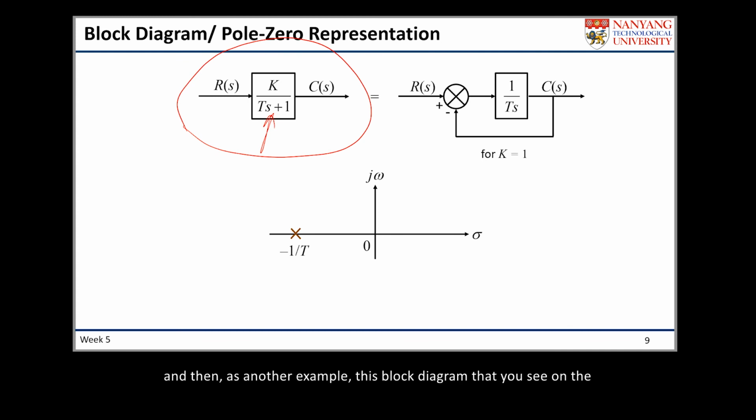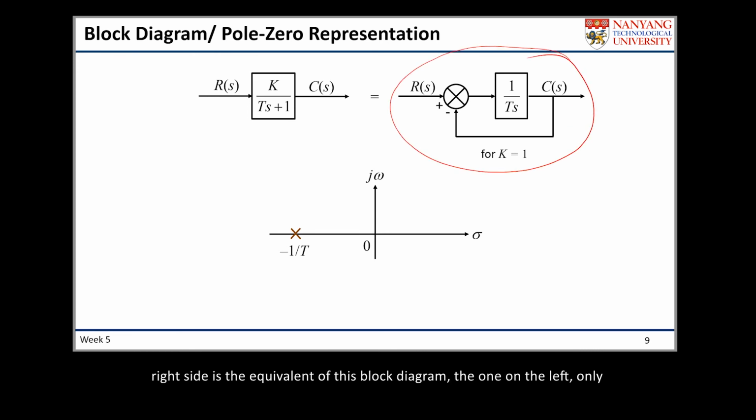Okay, and then as another example, this block diagram that you see on the right side is the equivalent of this block diagram on the left, only in the case when your DC gain K is equal to 1. So these two are equivalent to each other.